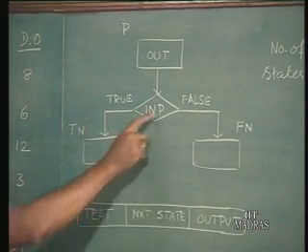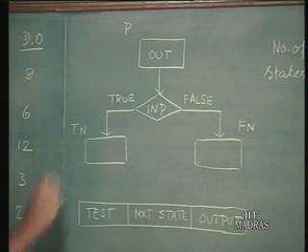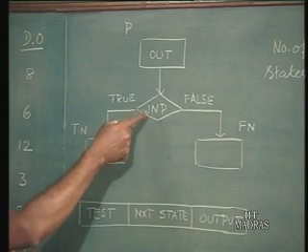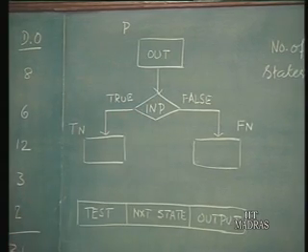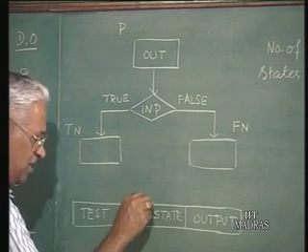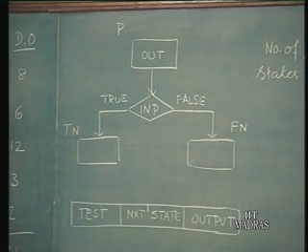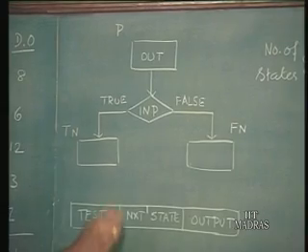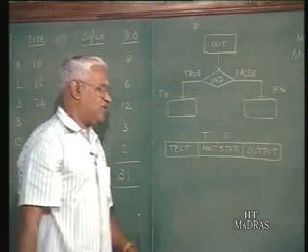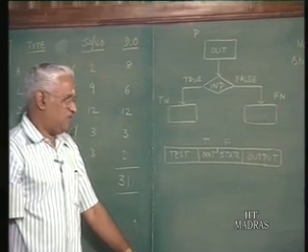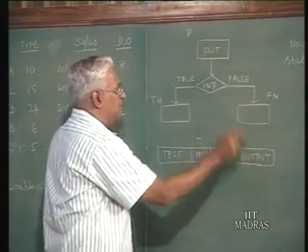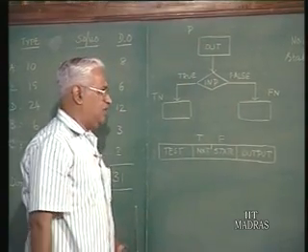The test field will have information about what are the inputs to be tested, and then depending on the particular input being true or false, the two next states, true or false next states, will have to be identified. Really speaking, there will be two parts. One thing which gives the true next address, the other thing which gives the false next address. So, there will be two subfields of this, and then the output that must be generated in that particular present state P, that is what it is.